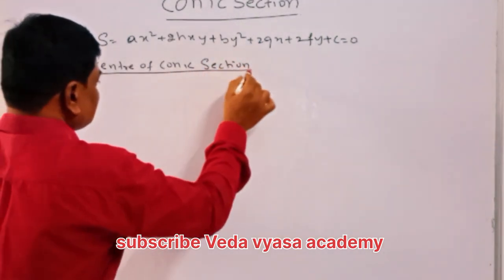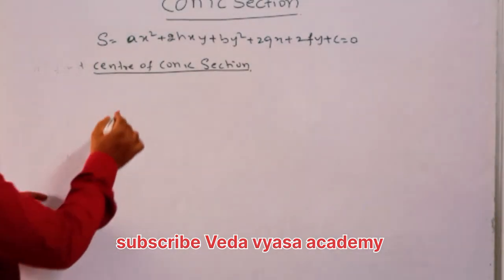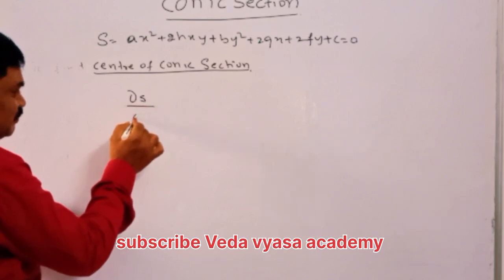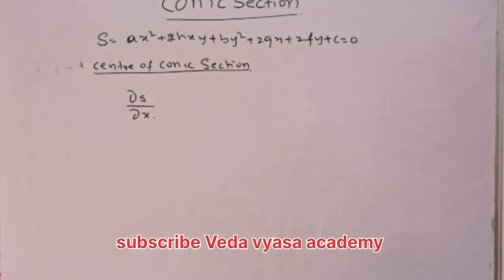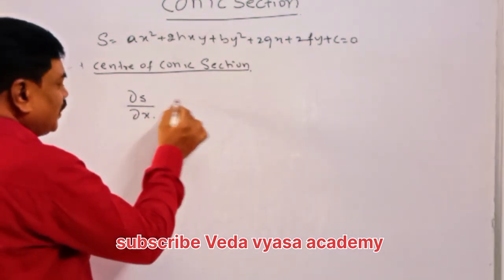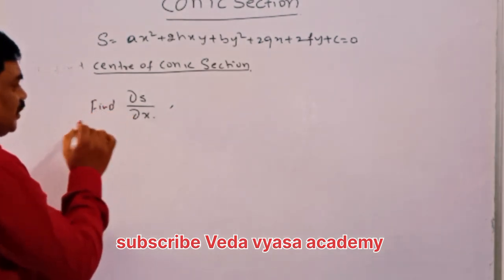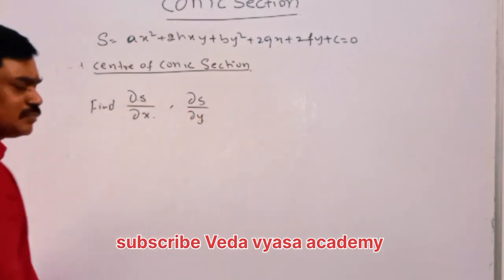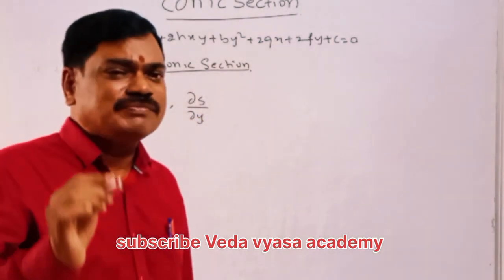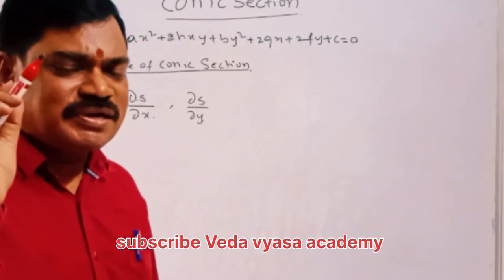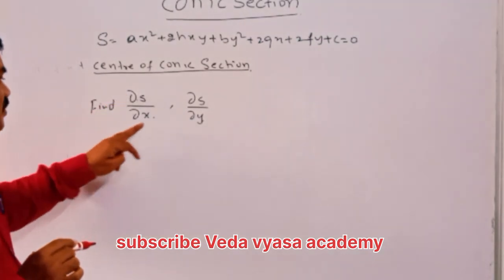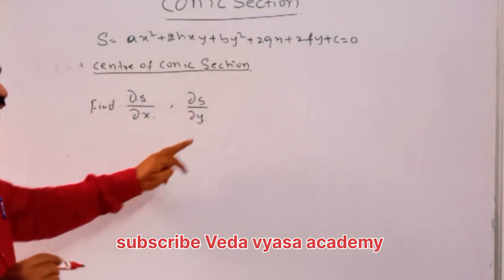you take partial differentiation of S with respect to x, that is dou S by dou x, and dou S by dou y.